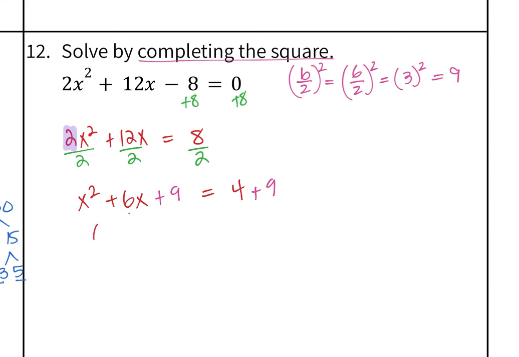This makes it to where you can factor this as a perfect square trinomial. 4 plus 9 is 13. The hard part is actually figuring out what goes in there. I need a number that when you add it equals 6, but when you multiply it is 9. Turns out that number is 3. The easiest way to do that is it's up here, whatever was inside before you squared it. So positive 3.